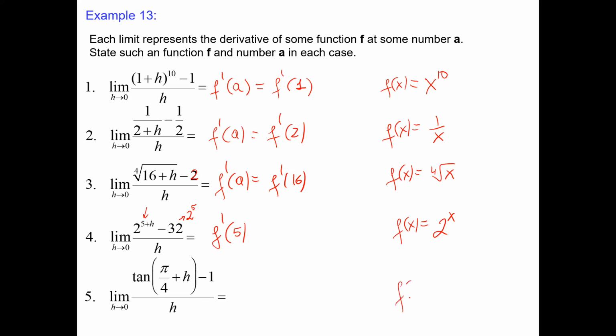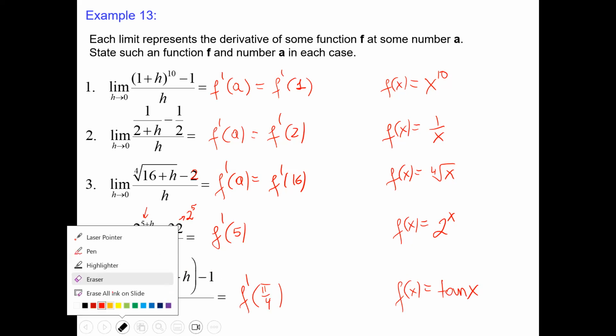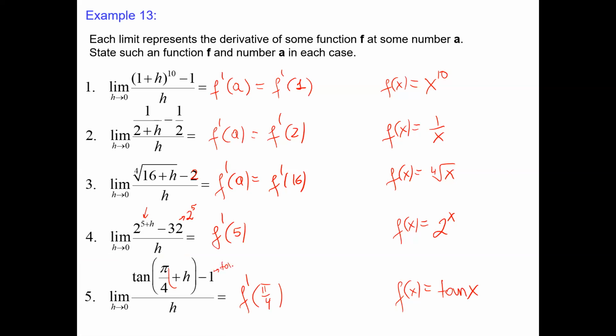We may make an educated guess that the function is tangent, and this is the derivative of tangent at pi over 4. F of a plus h minus f of a. Let's just check. F of a is supposed to be tangent at 45 degrees. Tangent at 45 is 1. Okay, perfect. We recognize all of these derivatives.